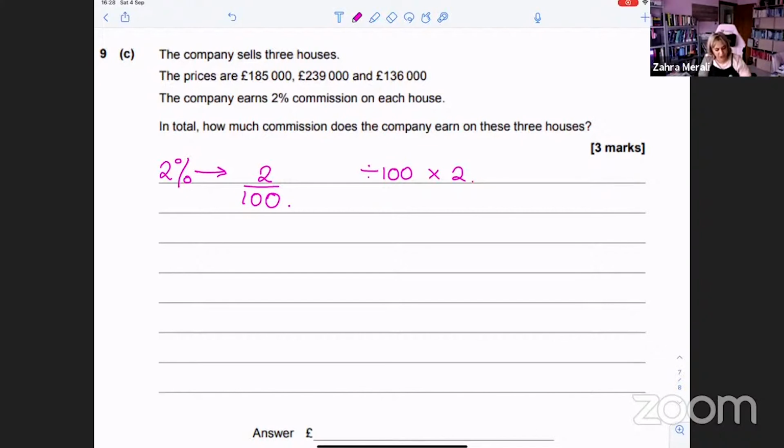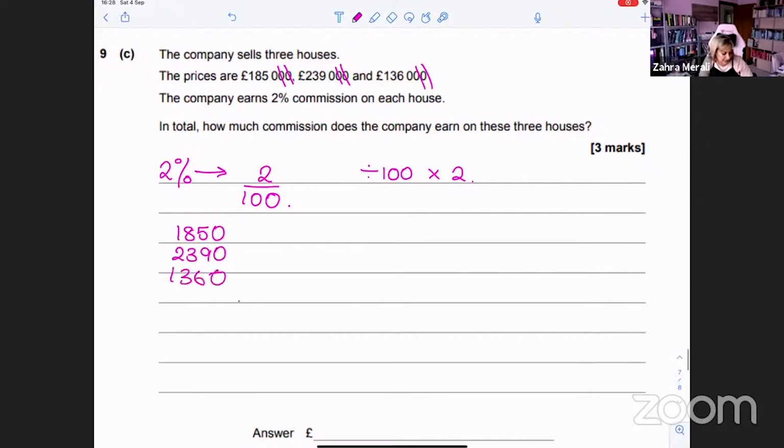Now, we could add it all up and work out 2%. And that might be easier. It doesn't matter which way around you do it, but we can just add them all up without the zeros, because we're without 2 of the zeros. So divide by 100, divide by 100, divide by 100. So we get 1850, 2390, 1360.